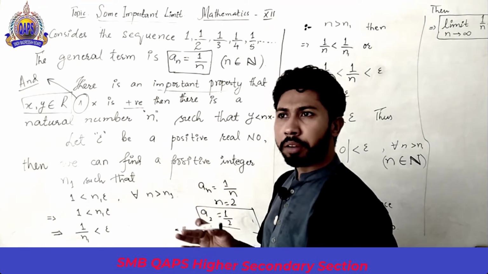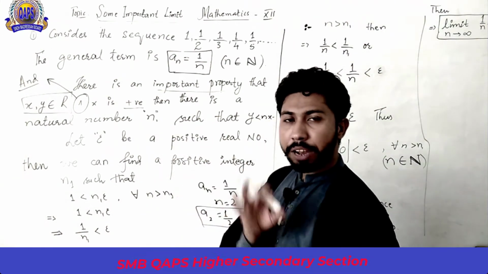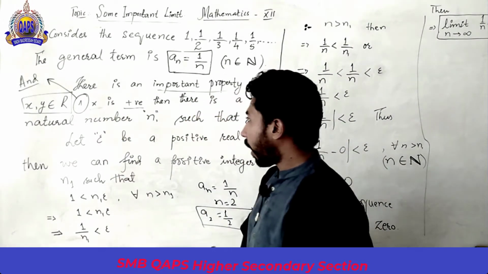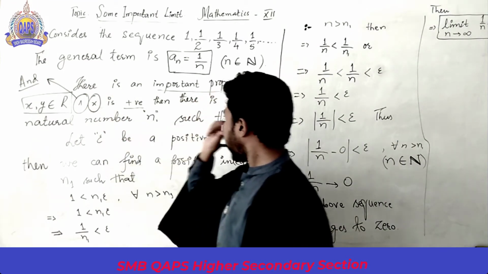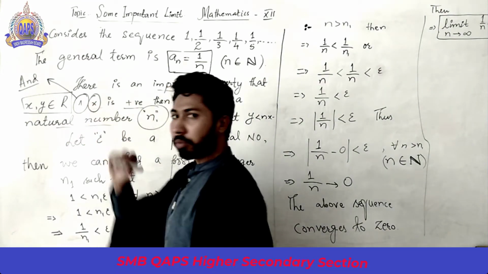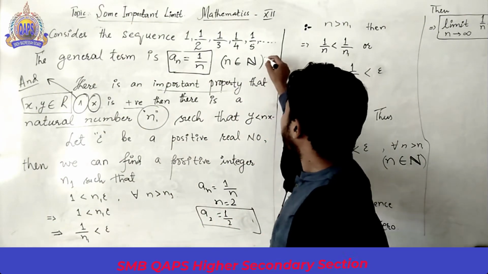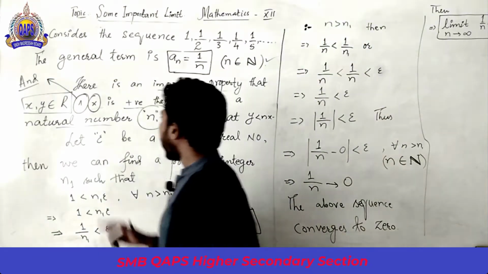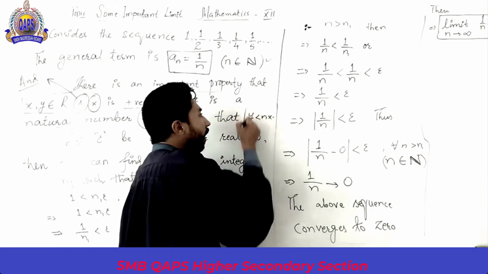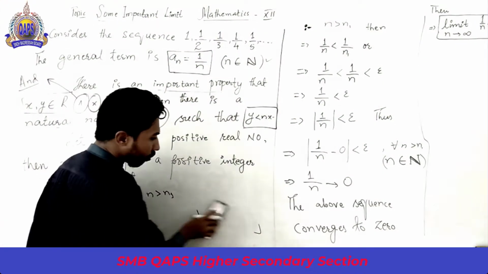So y is any real number, but x must be positive, not negative. Then there is a natural number n such that y is less than nx.